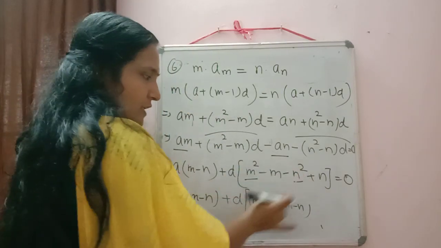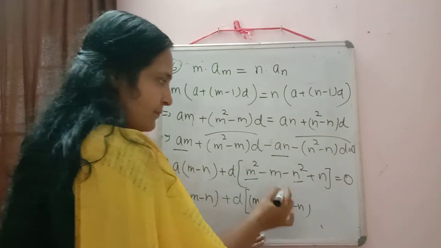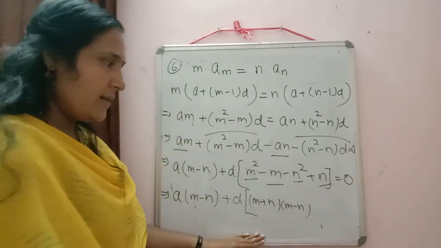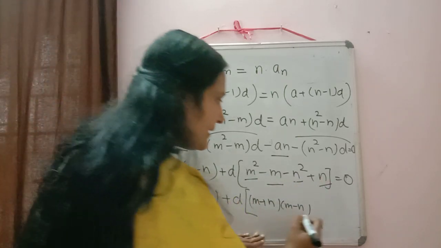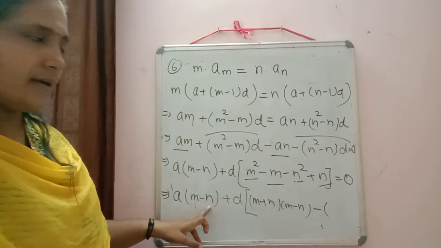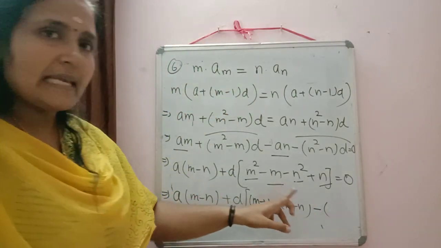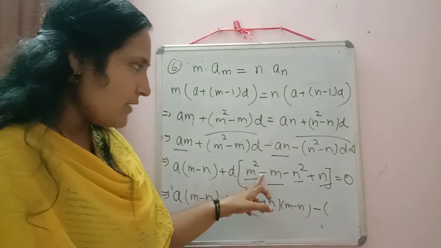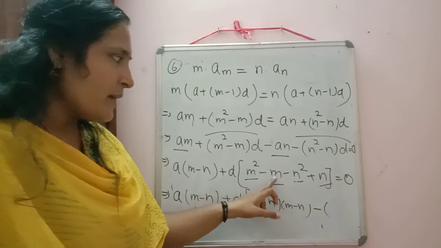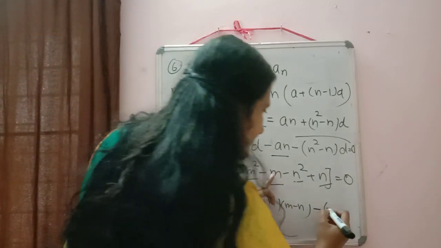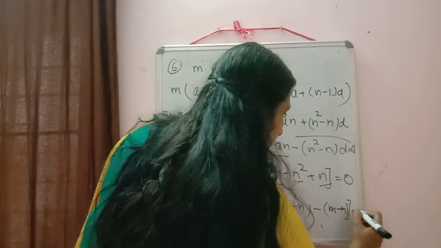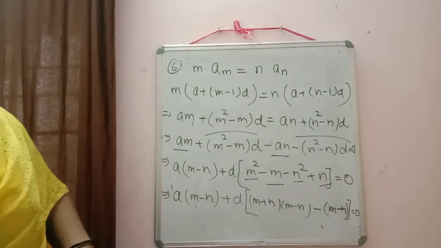So in place of these two I wrote in this way, and the remaining terms, that is minus m and plus n, I am taking a negative sign common. Why taken? Because here m minus n is there. So in this term also I want m minus n. So that's why to make it m minus n, I took a negative sign common. So minus m will become plus m and plus n will become minus n, equal to 0.